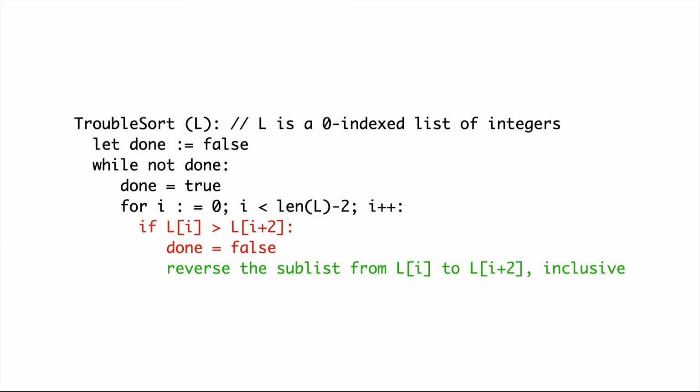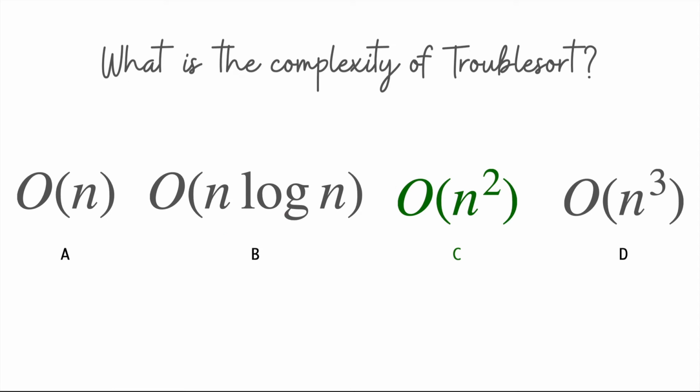You can show that the outer while loop will never execute more than n times, and the reason for this will become clearer as we go along. If I try to explain it fully now, then I'll also have to say spoiler alert and all that, so I will postpone this for now, but hopefully you had some intuition for why the answer to this question was order n squared.